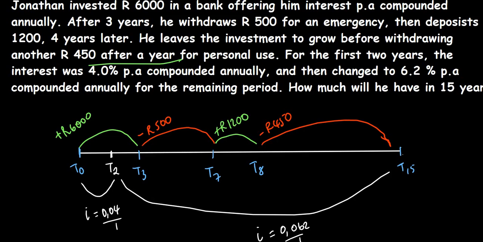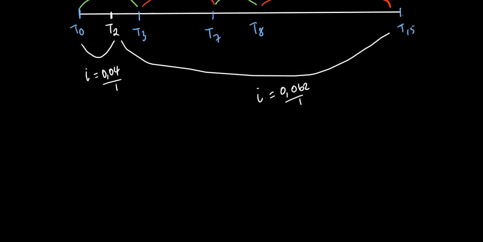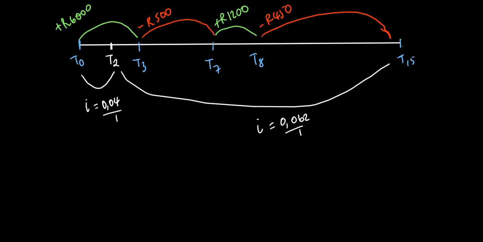Now how do we get an answer if our timeline is looking like this? Well, simple. Remember, we still use the same formula, but now you must just be a bit careful. So here you'd want to say, okay, we start with 6,000 rands. Now focus on this bottom part. The interest was this for 2 years.